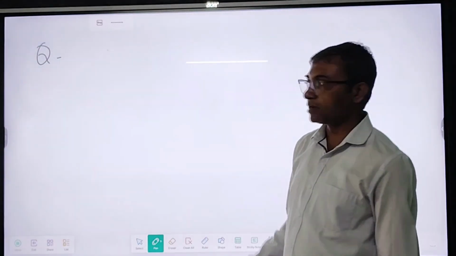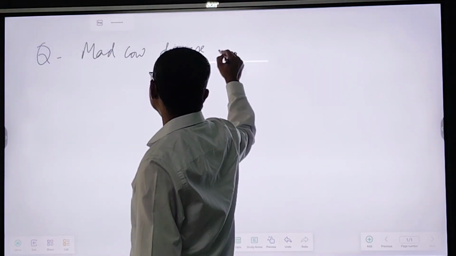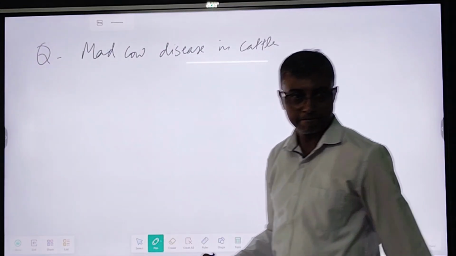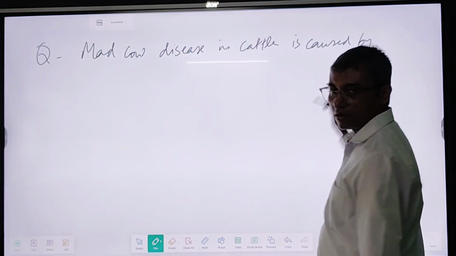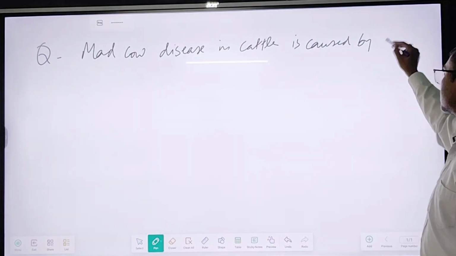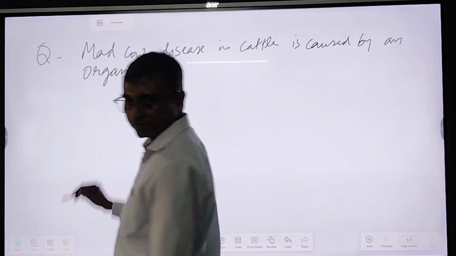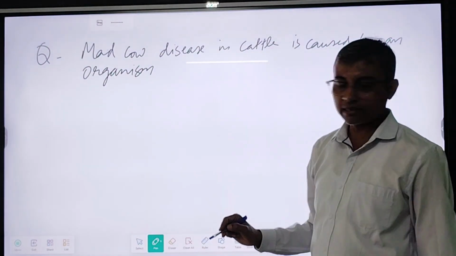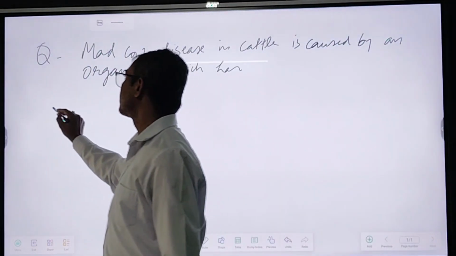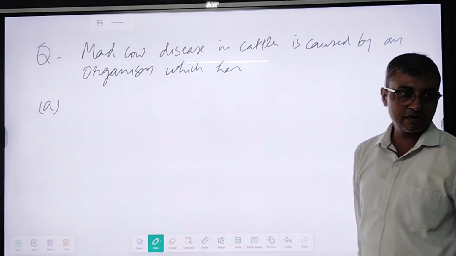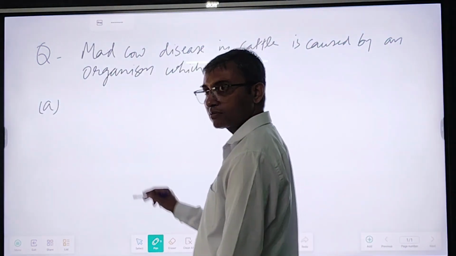Mad cow disease in cattle is caused by an organism which has, what it may be, the inert crystalline structure.